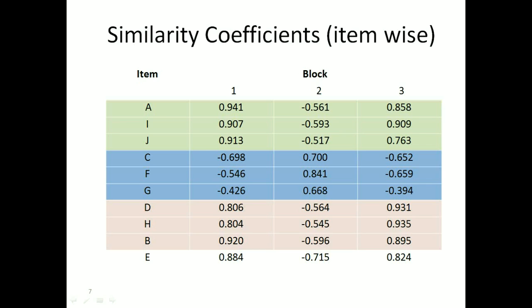So just to give an example, look at the first column relating to block 1. You can see the first 3 items in the green area all have very high correlations on that block. But the next lot, the blue items on block 1, are all negatively correlated to that block. This is an impression we get of the weighting of each item on each block.